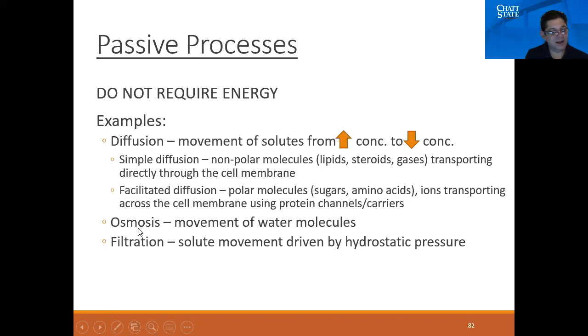And guess what? Osmosis is a type of facilitated diffusion, actually, because it also uses a certain channel to get through the cell membrane. That's going to come up in more detail in just a bit. But definitely know the difference between simple and facilitated and those examples of the molecules that are passing, whereas osmosis is only water, right?